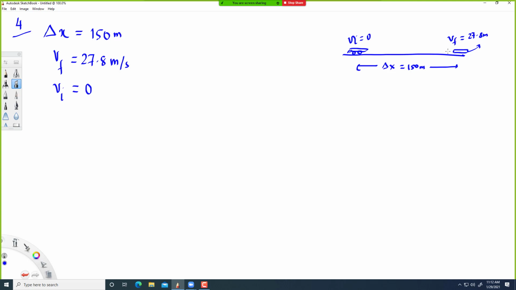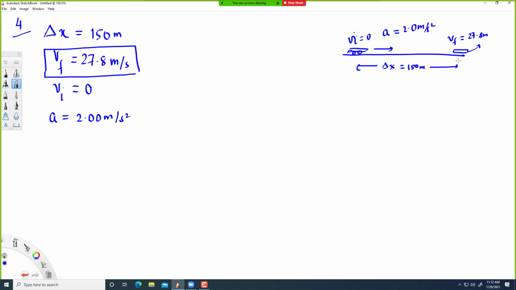Actually, this is not the final speed. We need to figure out whether or not, with that distance and with the given acceleration, the plane will reach the takeoff speed. You start the plane from 0 speed and accelerate it at 2 meters per second squared.